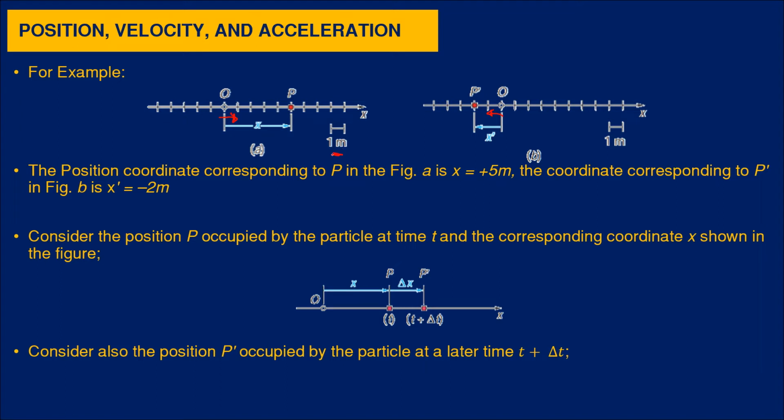Okay. Now, also consider the position P occupied by the particle at time t, with the corresponding coordinate x shown in the figure. And consider also the position P prime occupied by the particle at a later time t plus delta t.